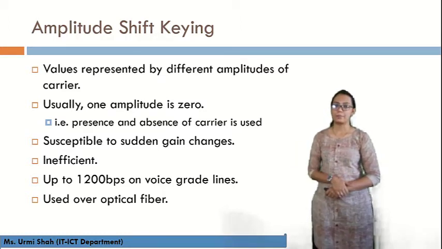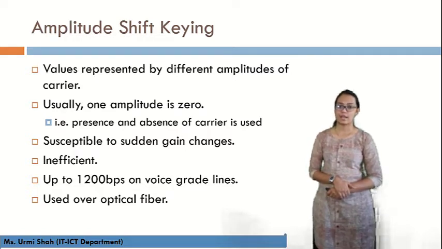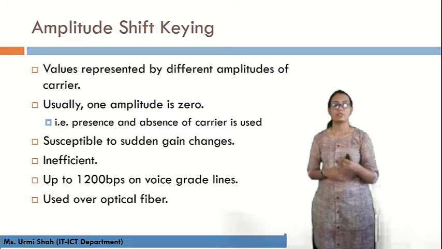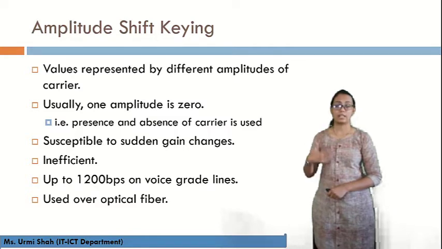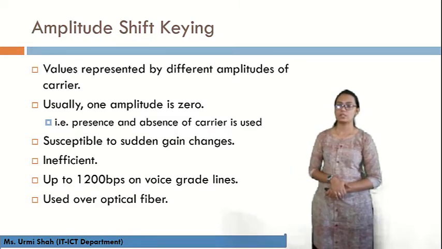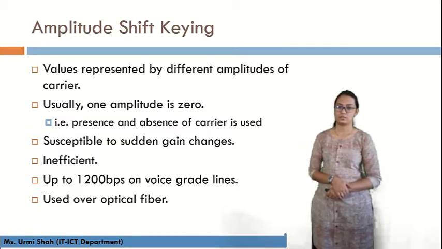Usually, one amplitude is 0, that is, there is a presence and absence of the carrier which we are using, and it can lead to susceptible gain changes. The gain of the modulation technique may change because of these amplitude variations.